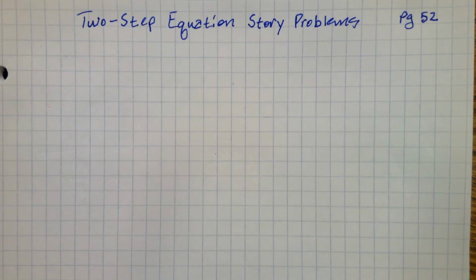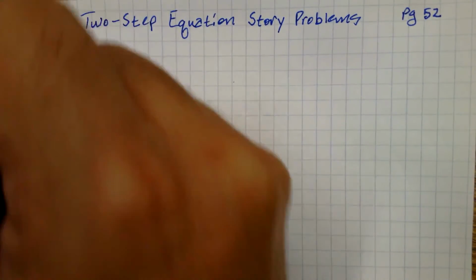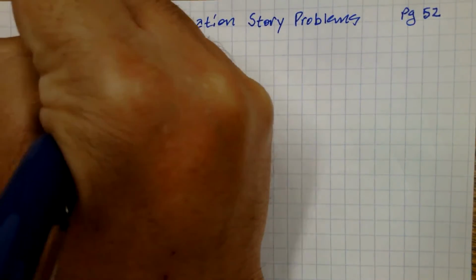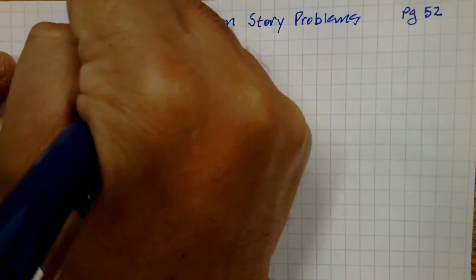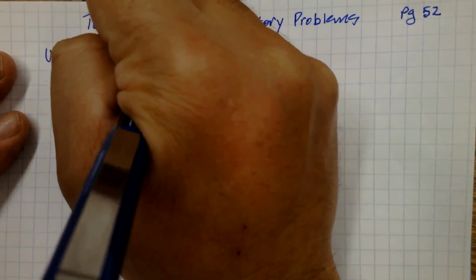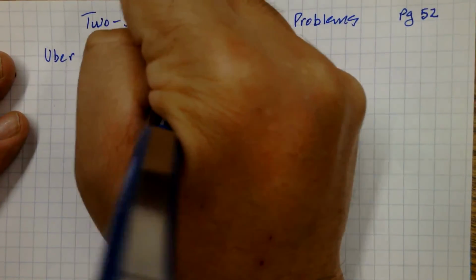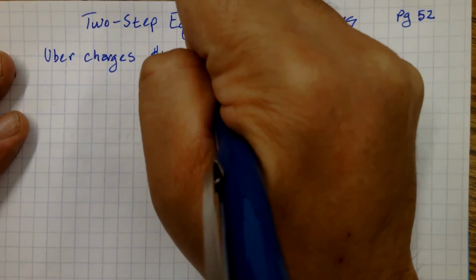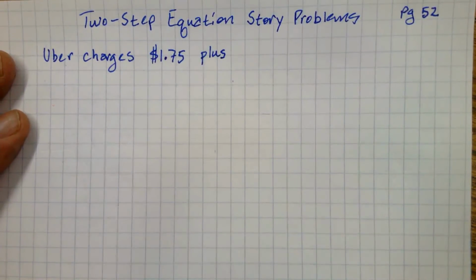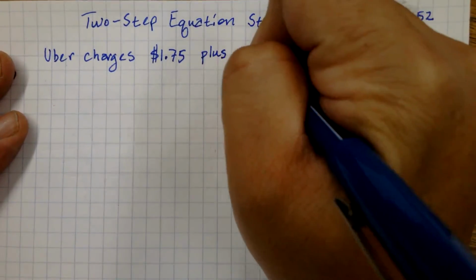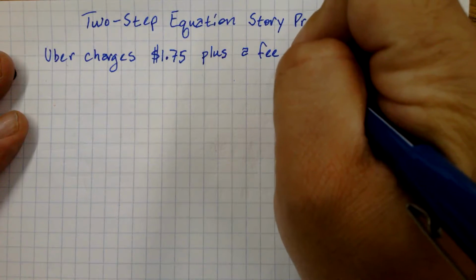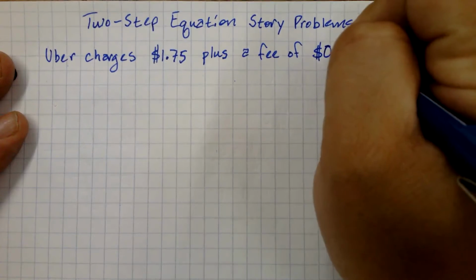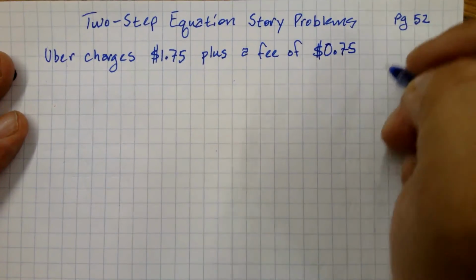Let's write down a problem that we're going to solve. Okay, so write this down. Uber charges $1.75 plus, it's never just $1.75, a fee of, let's say, 75 cents per mile.